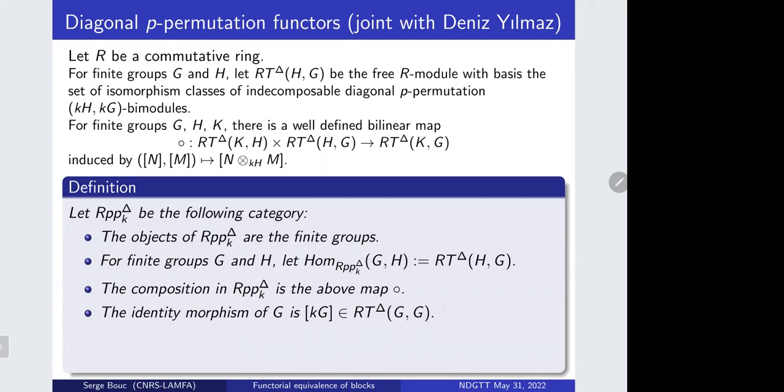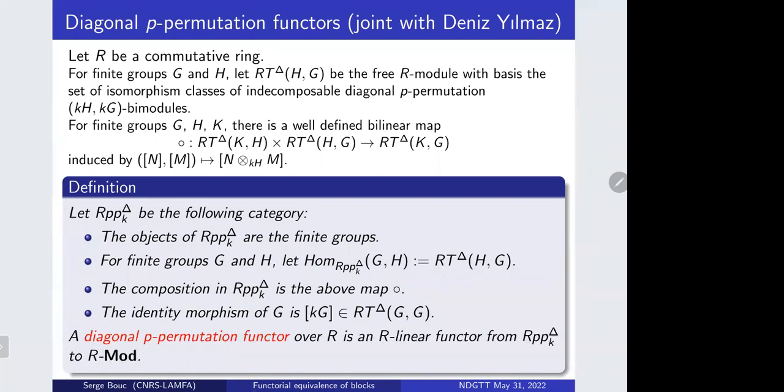Now we get a perfectly respectable category, and it's moreover an R-linear category because the hom sets are in a natural way R-modules, and composition is bilinear for this structure. Now we consider these diagonal p-permutation functors over R, and they are just R-linear functors from this category to the category of all R-modules.